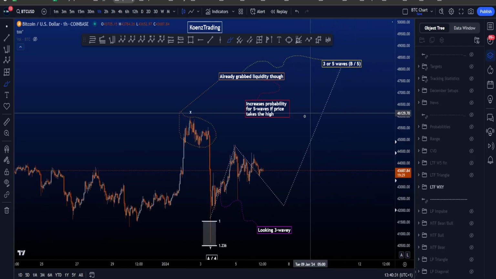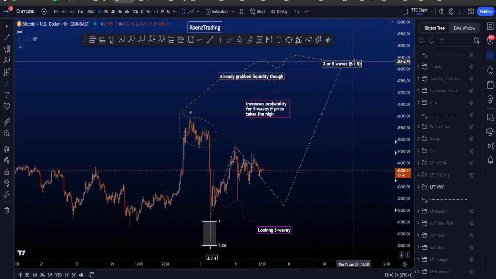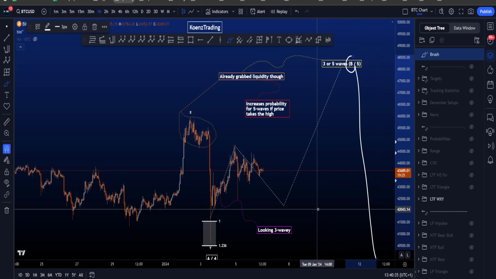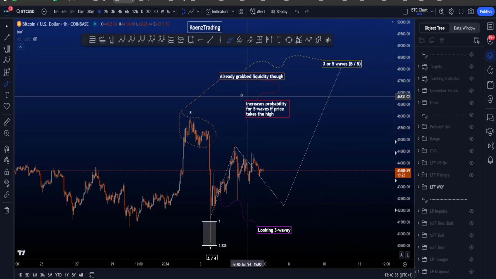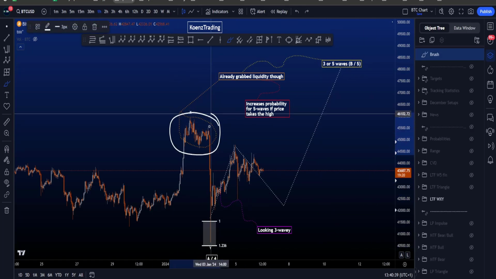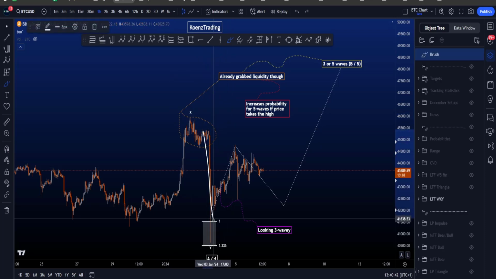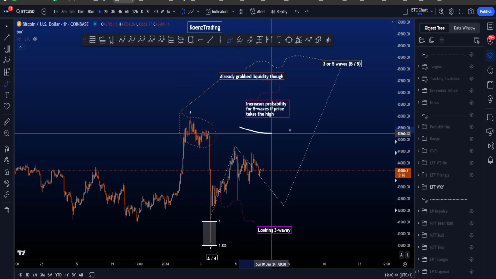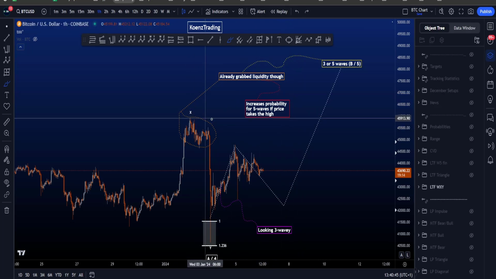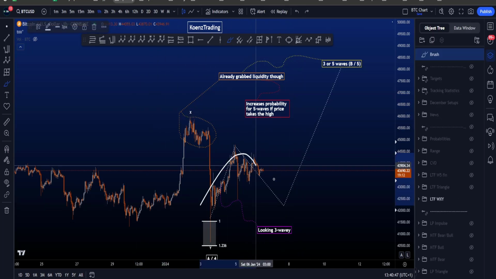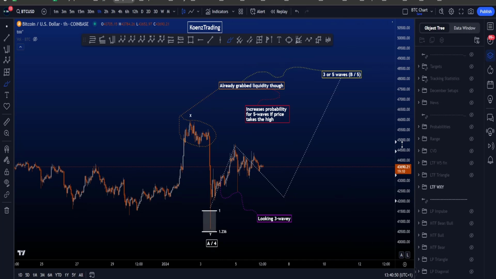So what is the value of moving back towards the upside for another B and then another C towards the downside? Meaning, the fact that price here already grabbed the liquidity and had a sharp move to the downside increases the probabilities that if price takes this high, we're going to be looking for a 5-wave impulsive structure to the upside for higher prices to come.